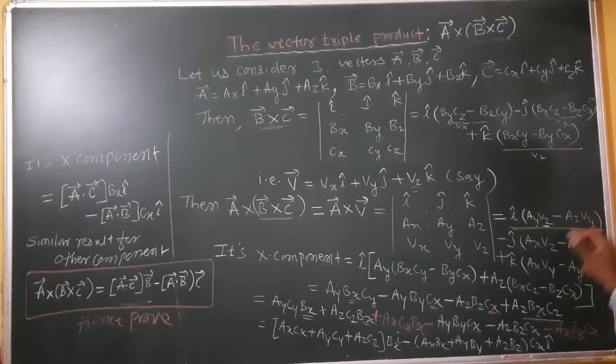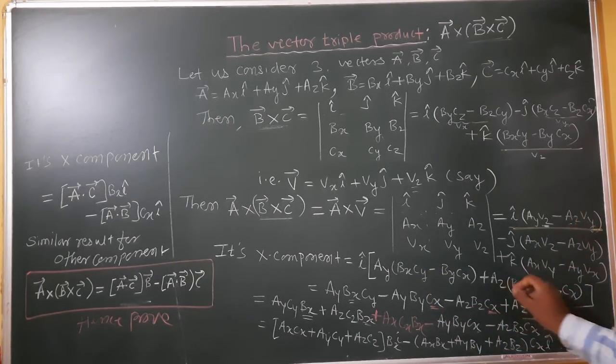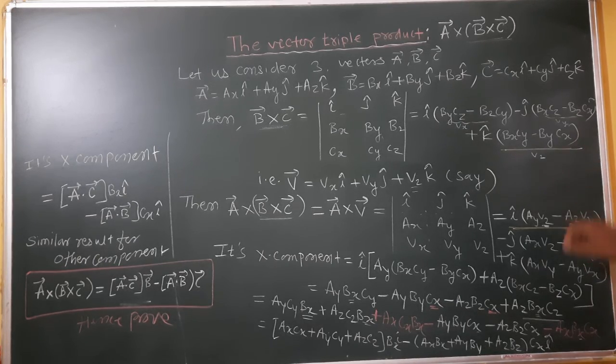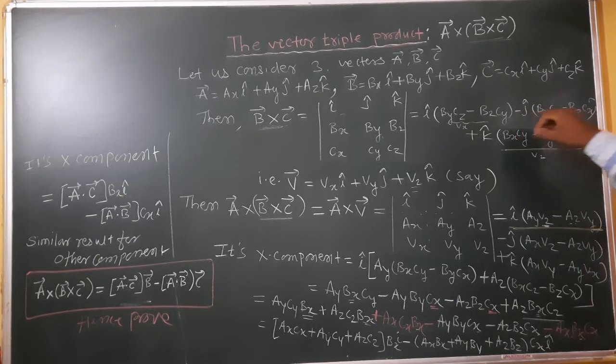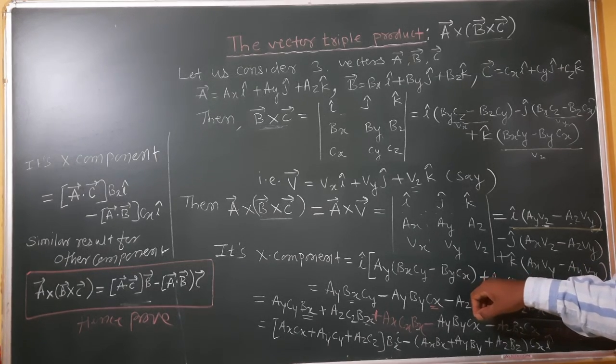Then Az is as it is, and the Y component of V can be written here. That is, the X component has Az as it is, but the Y component is negative, so we have to write here a positive.